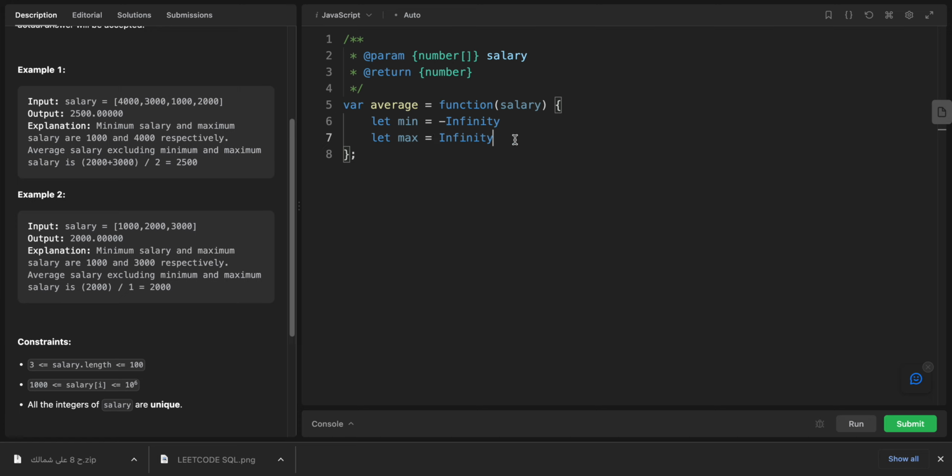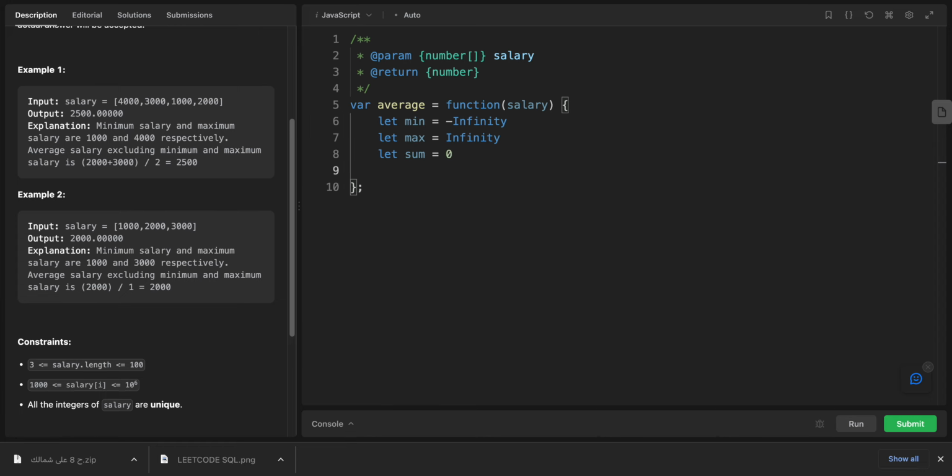And I'll say let sum, as we said, equals 0, and I will make a loop: for let salary of salaries, and I will say sum plus equals the salary.